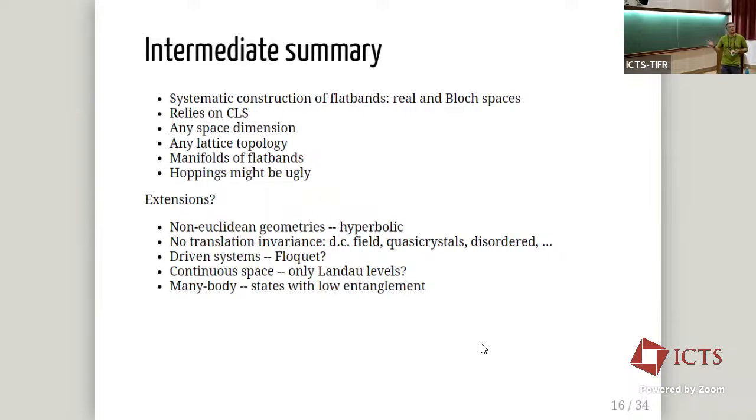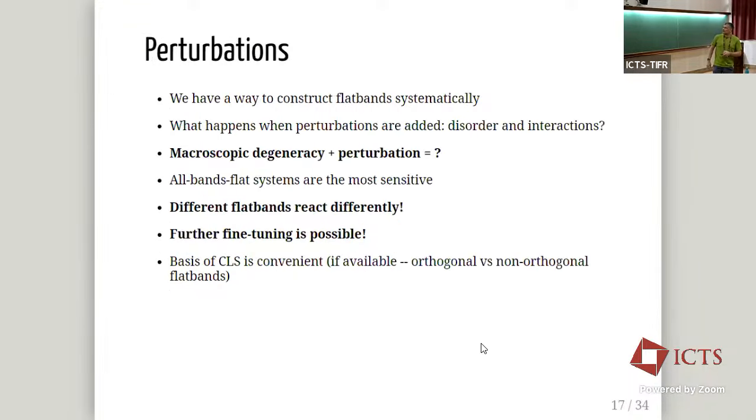I've demonstrated one simple example of the DC field inspired 1D chain with a flat band, but there surely are others. And for instance, there's one poster discussing driven dynamics where you also have dynamical localization and extensive degeneracy, and other cases. So now, having understood how to construct flatband Hamiltonians, I will now move on to discuss what happens if you now add various perturbations.